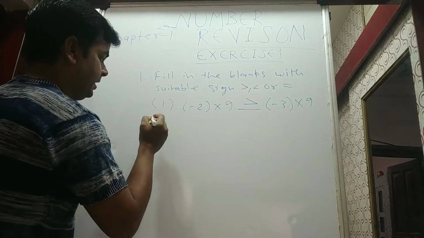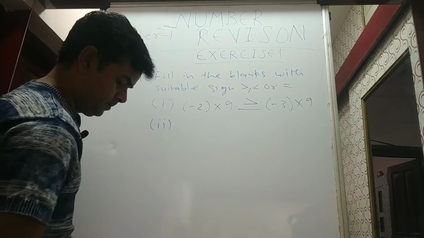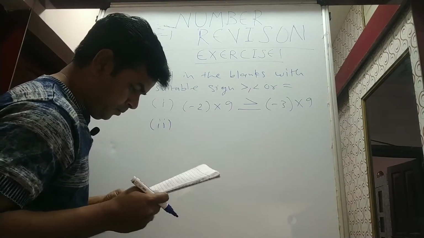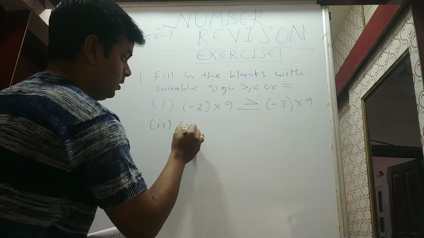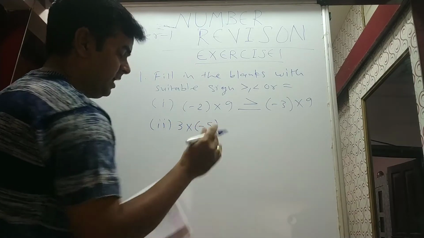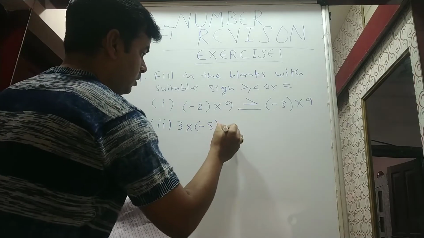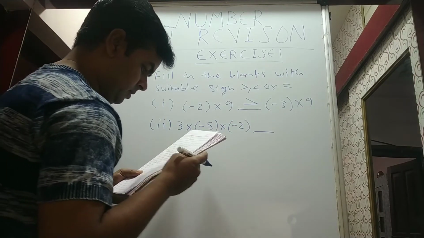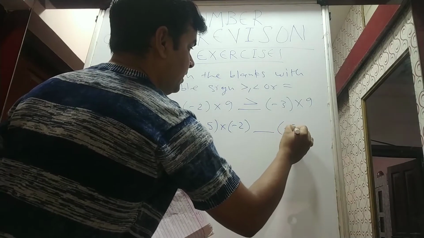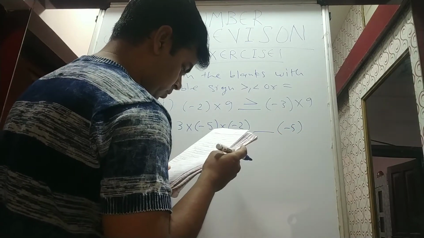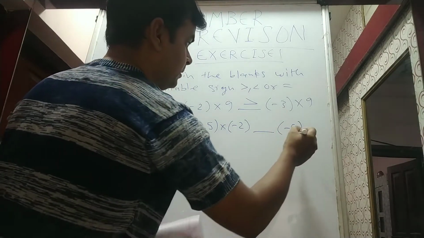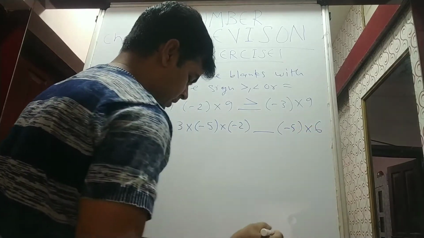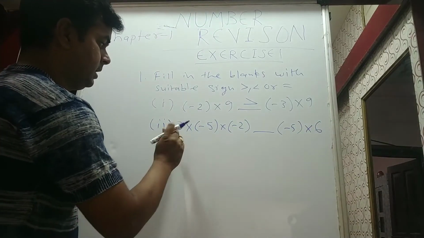Next question is 3 into minus 5 into minus 2, dash, minus 5 into 6. Let's solve this.